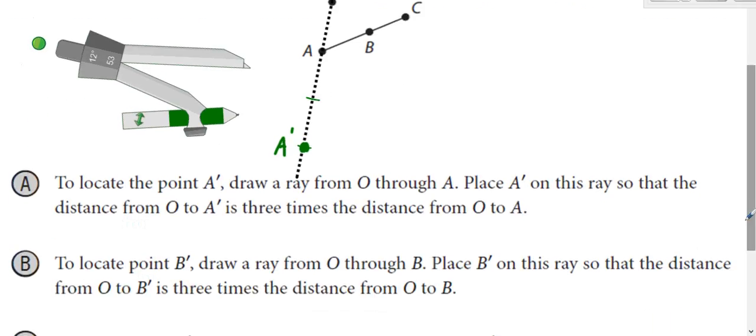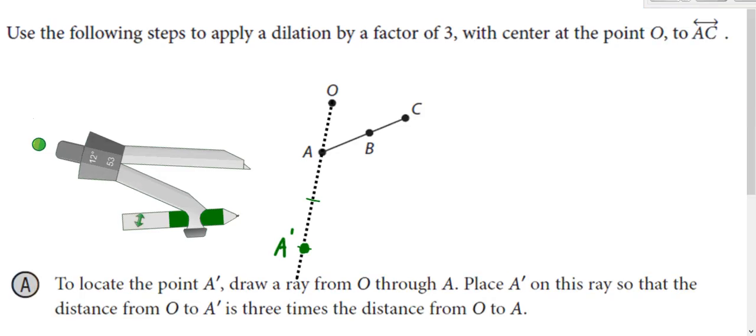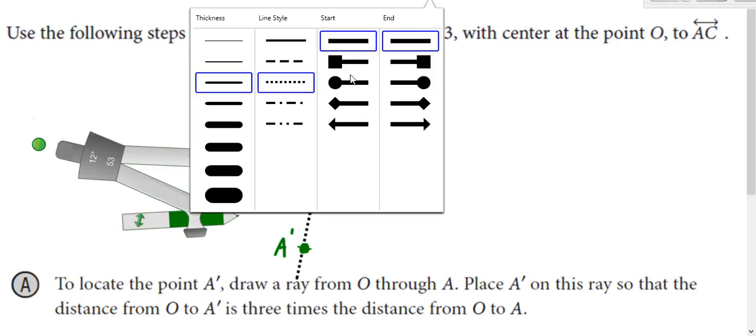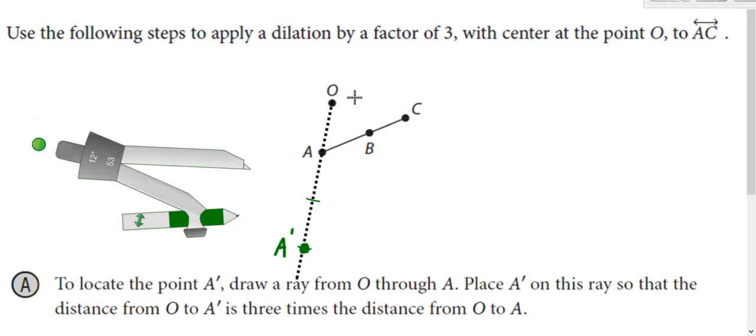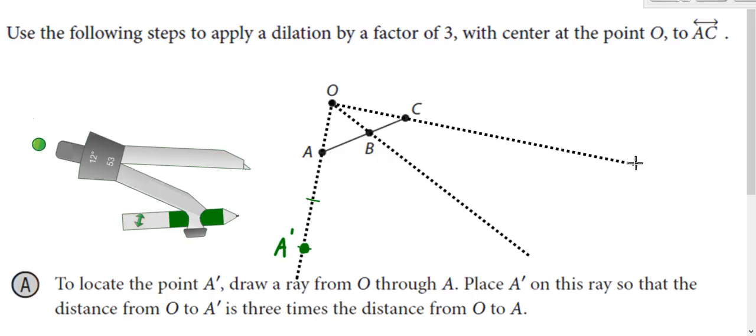You do the exact same thing to get B prime. You change your line or draw a new line that goes from O through B. While I'm at it, I'm going to draw the third point too, for the third line.